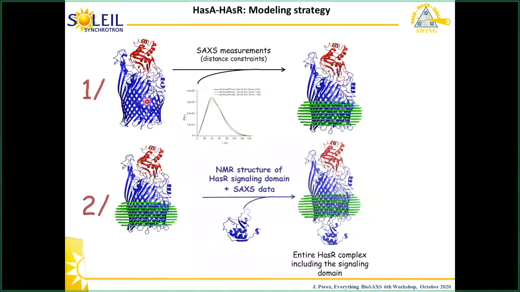The first construct of known structure is Has-R and Has-A, but without the signaling domain. And this structure is known. So we computed the corona using Memprot, and then we used this corona model to study the whole construct with the known part and, in addition, the signaling domain that you can see here.